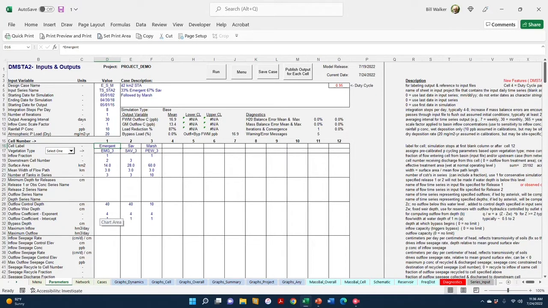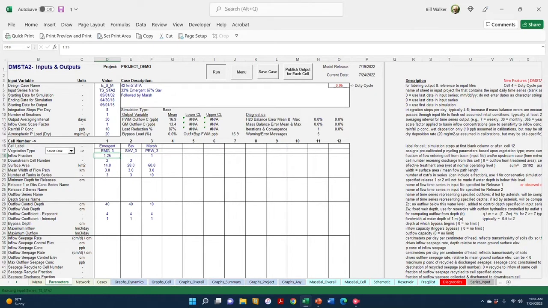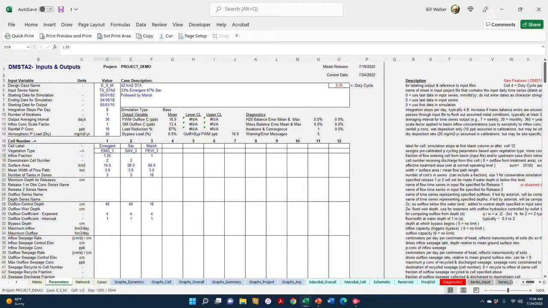Let's do a case where we don't meet the target with the SAV cell, and one simple way to do that is just to hit it with some more phosphorus. So if we increase the phosphorus load, this multiplies all the time series for flow and load by 1.25.